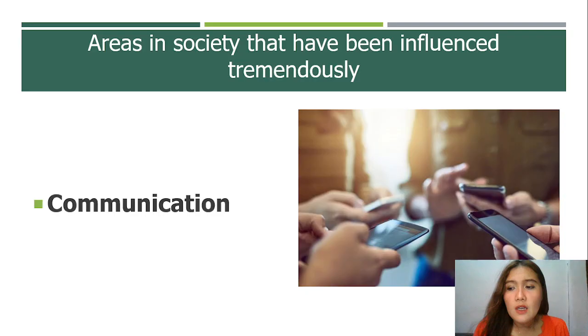He can see what is happening inside his house, and he can command the sprinklers and whatsoever through the data. So the transfer of data nowadays is very fast. We have areas in our society that have been influenced tremendously by the information age.